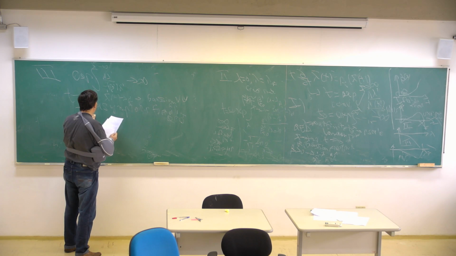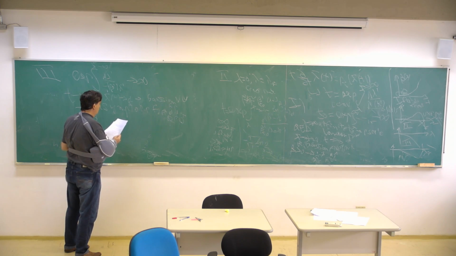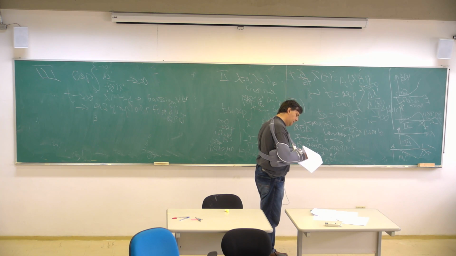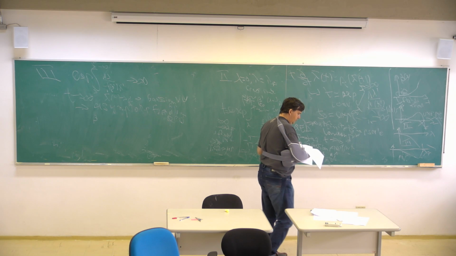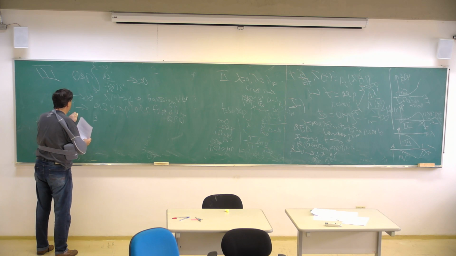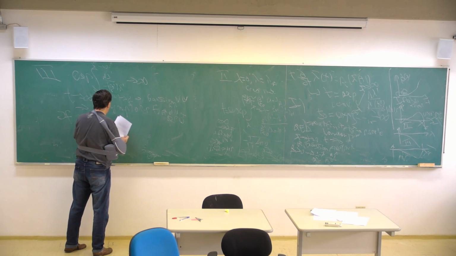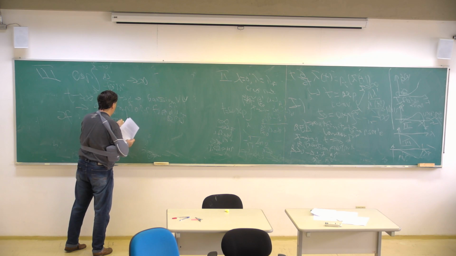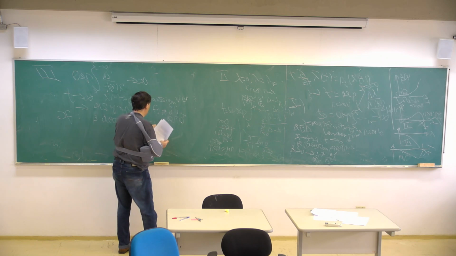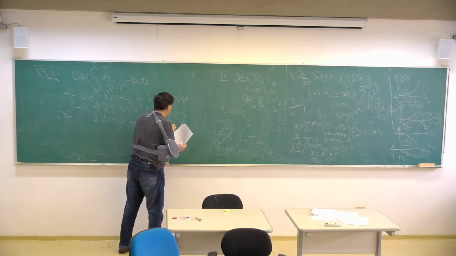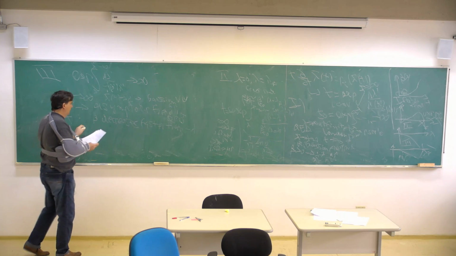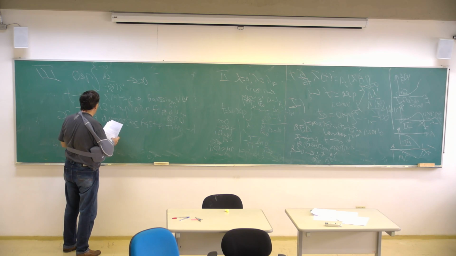On the other hand, if beta decreases faster than minus lambda, then what happens is we get a Landau pole.